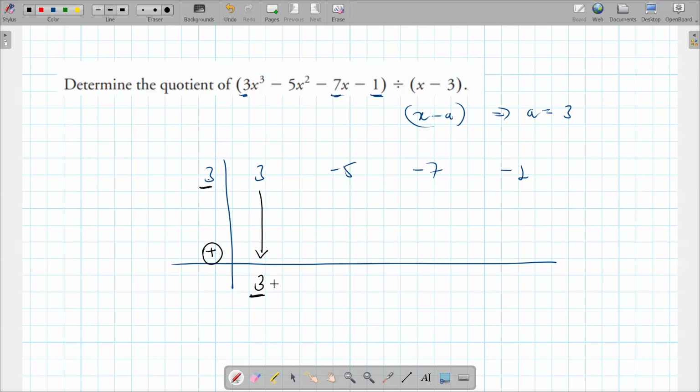So 3 times 3 becomes a 9. And you add them up. What do these two numbers add up to? 4. And then again, you multiply this with the divisor. So that becomes a 12. This becomes a 5. What does this number become?